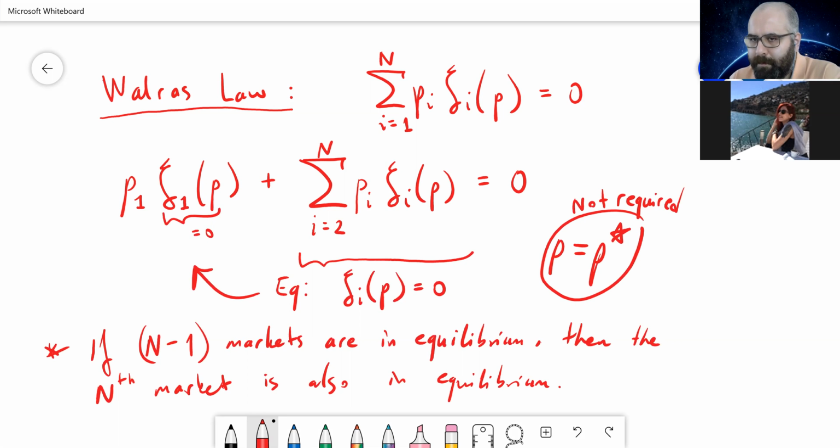So we are interested here, once again, in the total market value of excess demand. If all markets are in equilibrium but just one, then that market must also be in equilibrium by the Walras law.